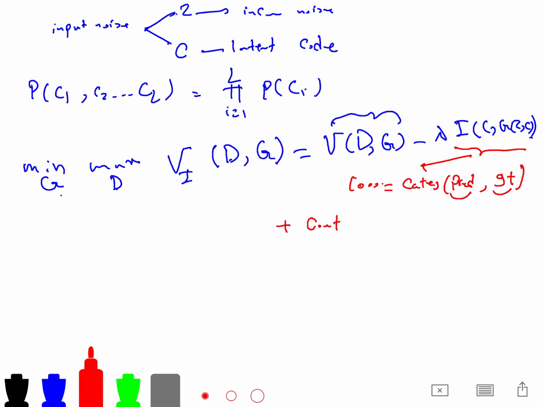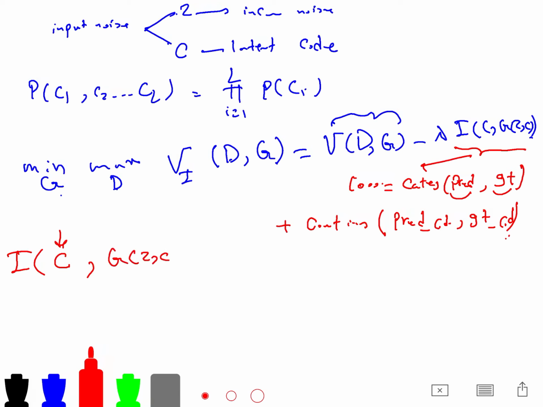We have a category loss, we have a continuum loss. The continuous loss is between the predicted code and the ground truth code. And you know this I that I told you, I between the code and, for example, I say the code is the thickness is big. The generator of Z and C should have mutual information with that.